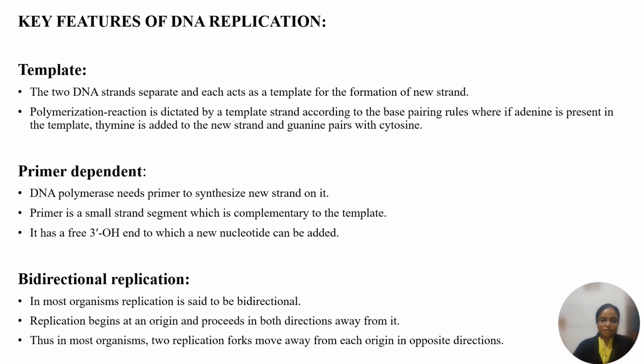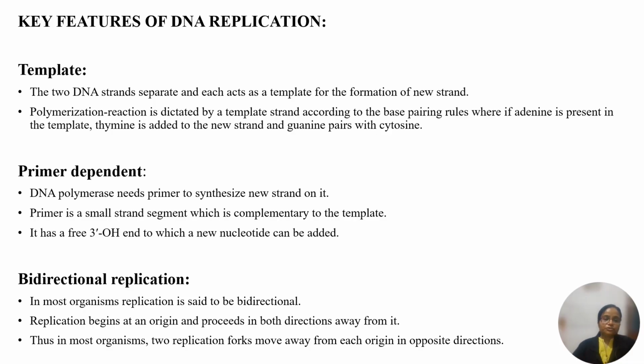So because of the complementary nature of the two strands, we can predict the sequence of the new strand if we know the sequence of bases of the parent strand. So this information regarding the sequence of bases is present in the old DNA strand, and that's why it is acting as a template strand, which is absolutely required for the process to start.